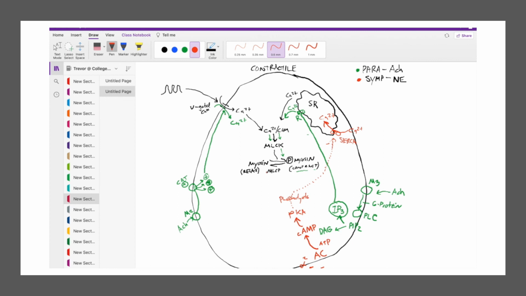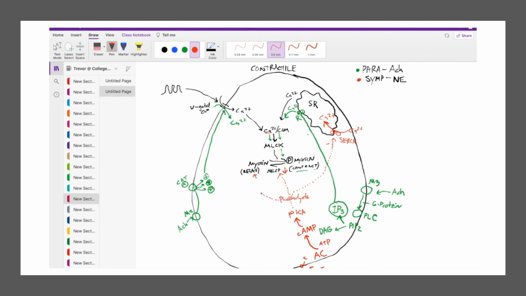Now because of that, there's less calcium around, so we see less contraction. At the same time, this phosphorylation event activates this myosin light chain phosphatase. Okay? So we're going to remove the phosphate, which leads to relaxation.